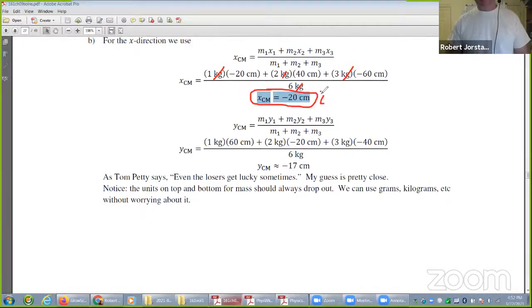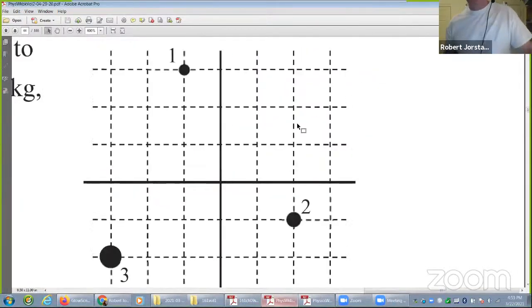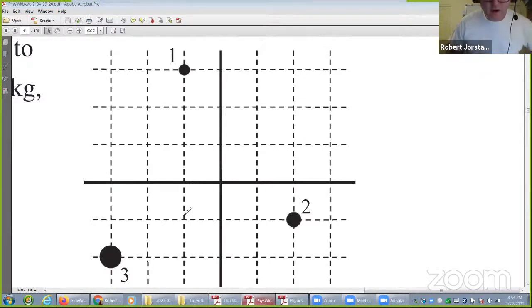There's an implied i hat on that, right? Okay. I did similar work right here with the y values, and notice I got this. All right. So in this case, let's go back and look at this and see what it means physically. -20, -17. Let's go back to right here. So -20, -17 is saying somewhere right about here.